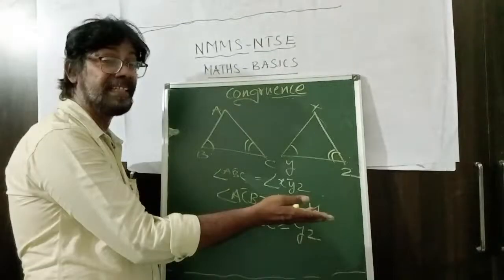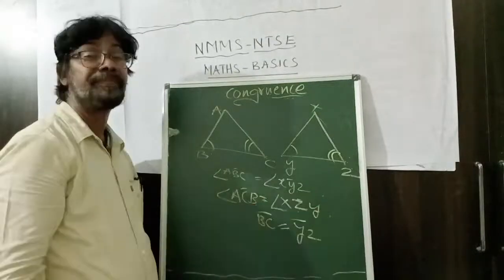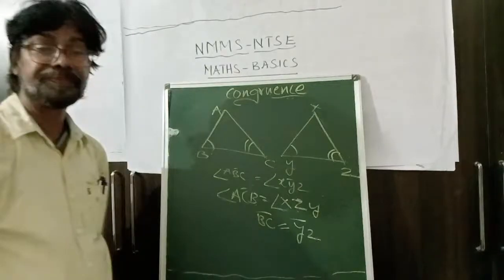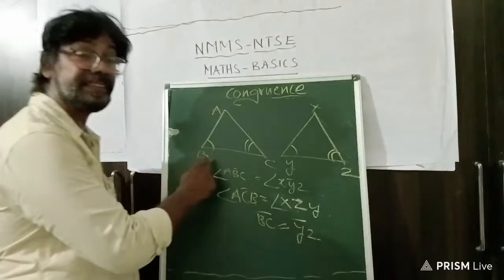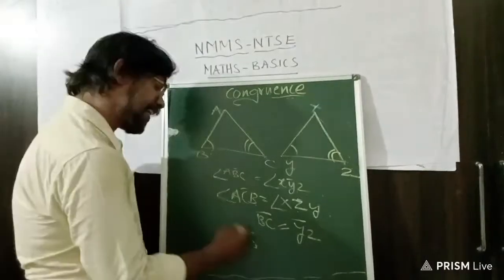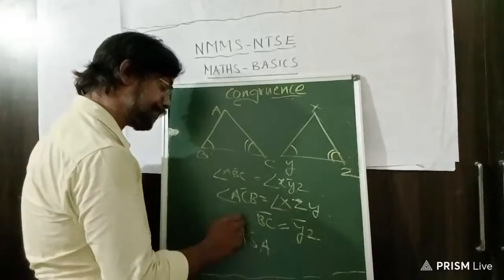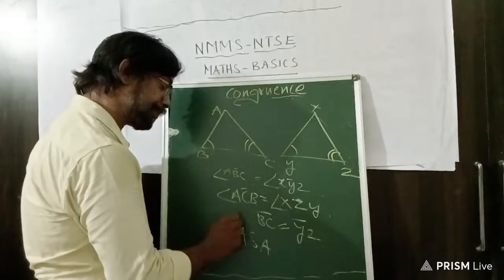Then we say these two are congruent to each other. This rule is called ASA.